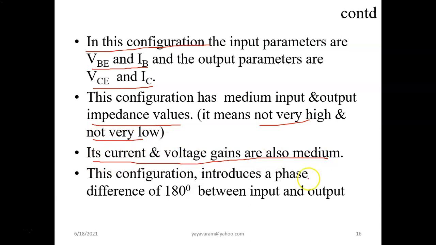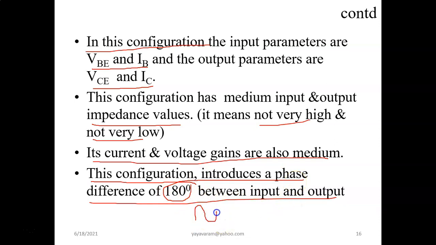That's very important. And the most important or salient feature is that the common emitter configuration always introduces a phase difference of 180 degrees between input and output. Remember, very important. If I give an input like this, the output will always be like this, a 180-degree phase difference, especially in amplifiers or anywhere.